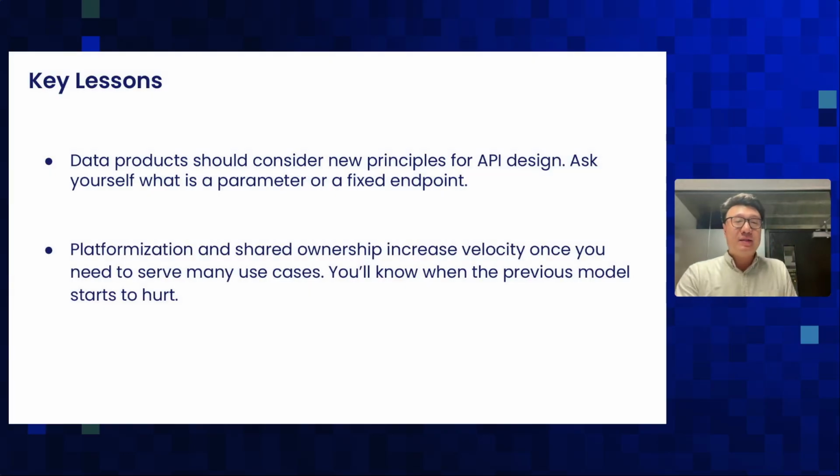Secondly, platformization and shared ownership have huge potential for acceleration, and allow you to serve many more use cases much more flexibly. But on reflection, I also believe we engaged in that platformization at the right time. If we had done so too early, it probably wouldn't have led to as many benefits, and it might not have been as efficient. But eventually, once the previous model starts to hurt, you'll know that it's a good time to optimize.